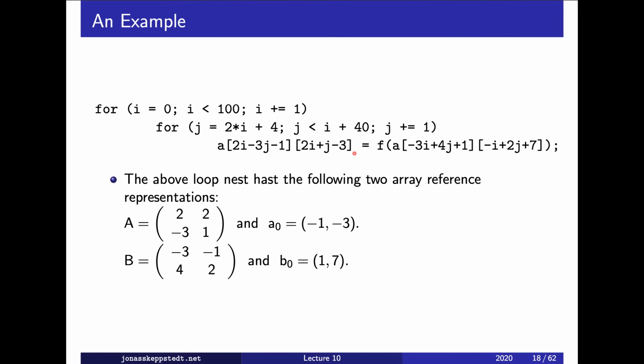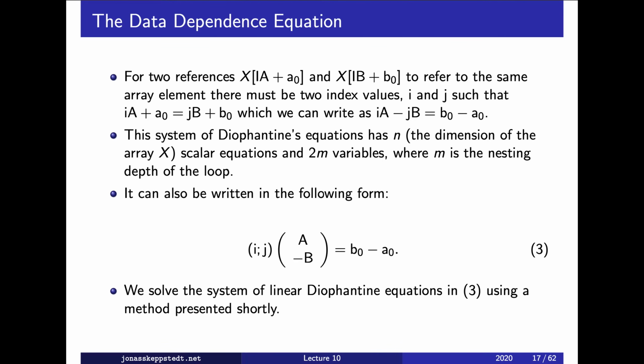So what we want to determine is if there is a data dependence between two different iterations. And how can we do that? Well, the criteria is that two iterations access the same array element or matrix element, and at least one of them is a write.